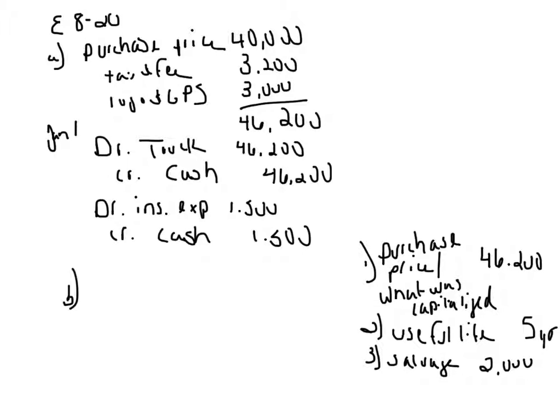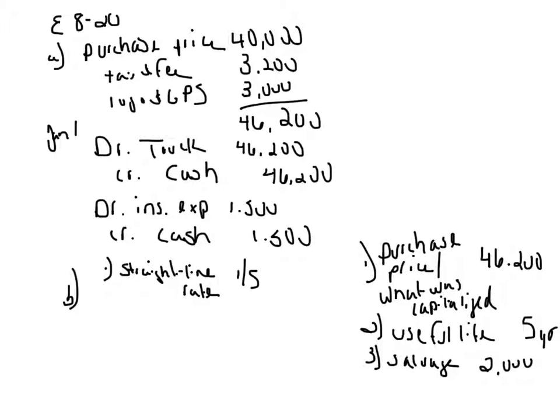Okay. So they want you to calculate the depreciation expense on the delivery truck for the current year, assuming Jones uses the double declining approach. So we know using straight line, when you're doing double declining, you first figure out the straight line rate. So it's 5 years.